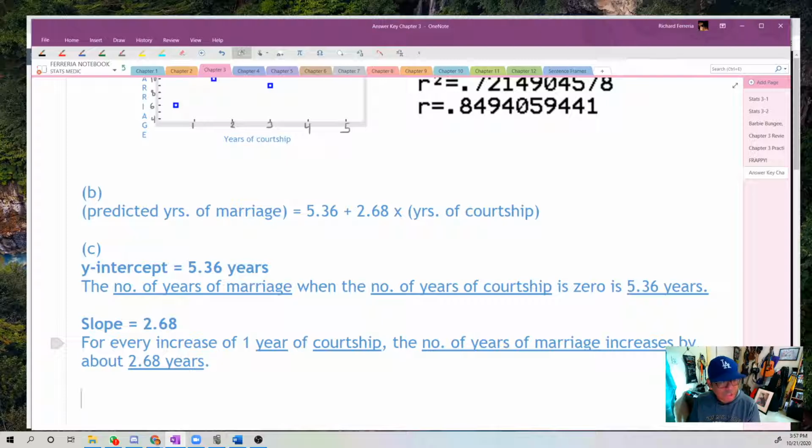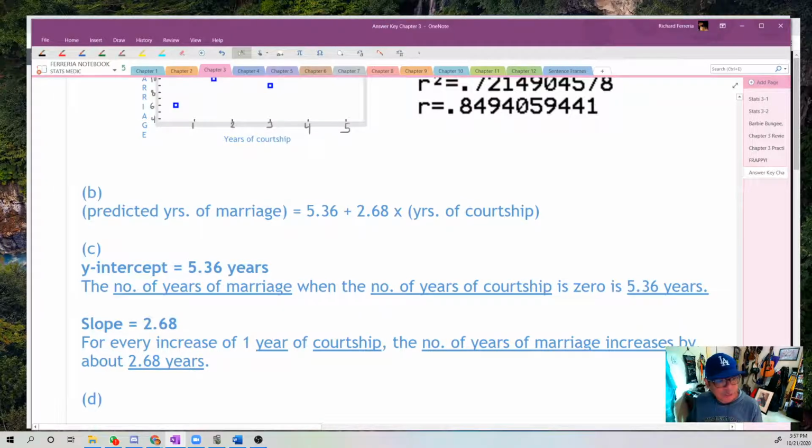The slope is 2.68, so for every increase of 1 year of courtship, that was heavily edited to make it readable, the number of years of marriage increases by about 2.68 years. And you could argue that the second years here is superfluous, also extra. But I'm not going to stress it too much. I hope you don't either.